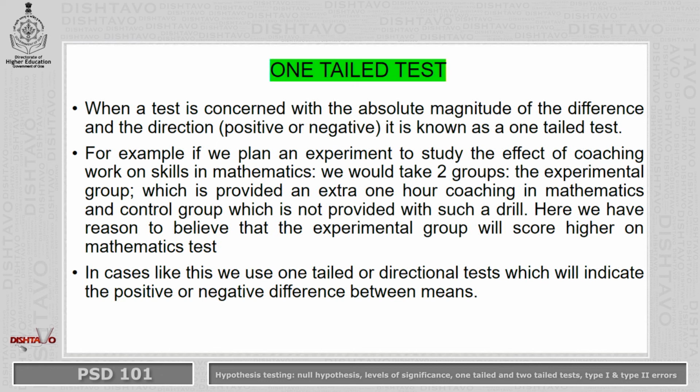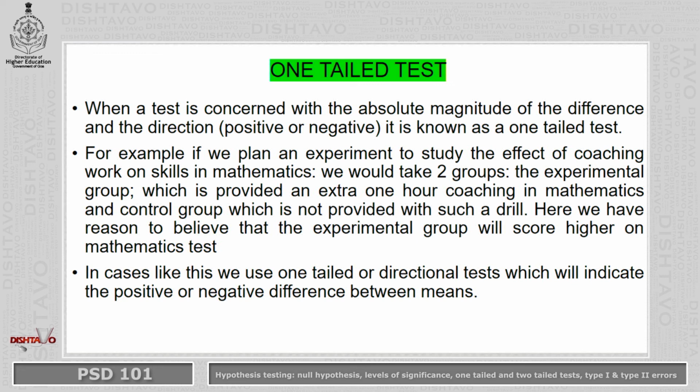When a test is concerned with the absolute magnitude of the difference and the direction, positive or negative, it is called a one-tailed test. For example, if we want to plan an experiment to study the effect of coaching on skills in mathematics, we would take two groups, an experimental group which is provided an extra 1 hour of coaching in mathematics and a control group which is not provided such a drill.